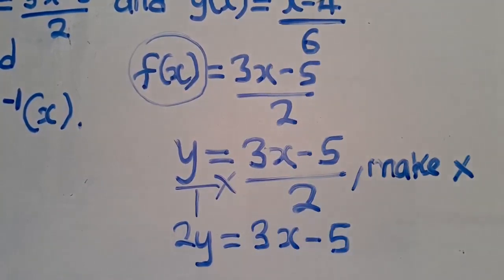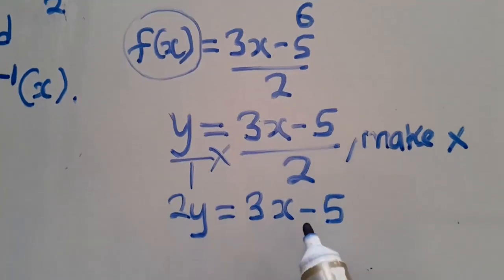One thing you need to put in mind is that you are making x the subject of the formula. So even if y is appearing 4 times, y is appearing 6 times, that should not affect you. Your concentration should just be on the x.